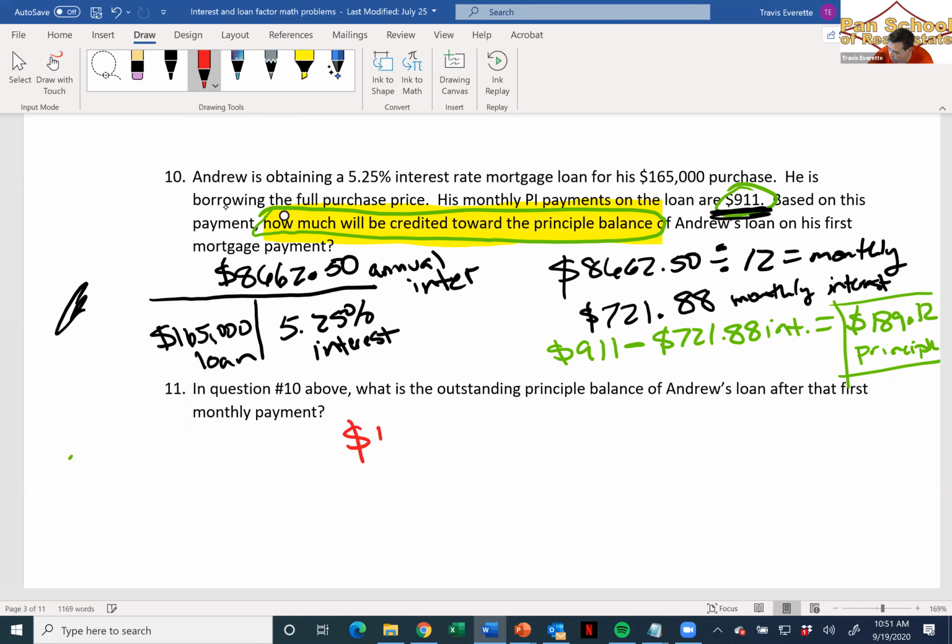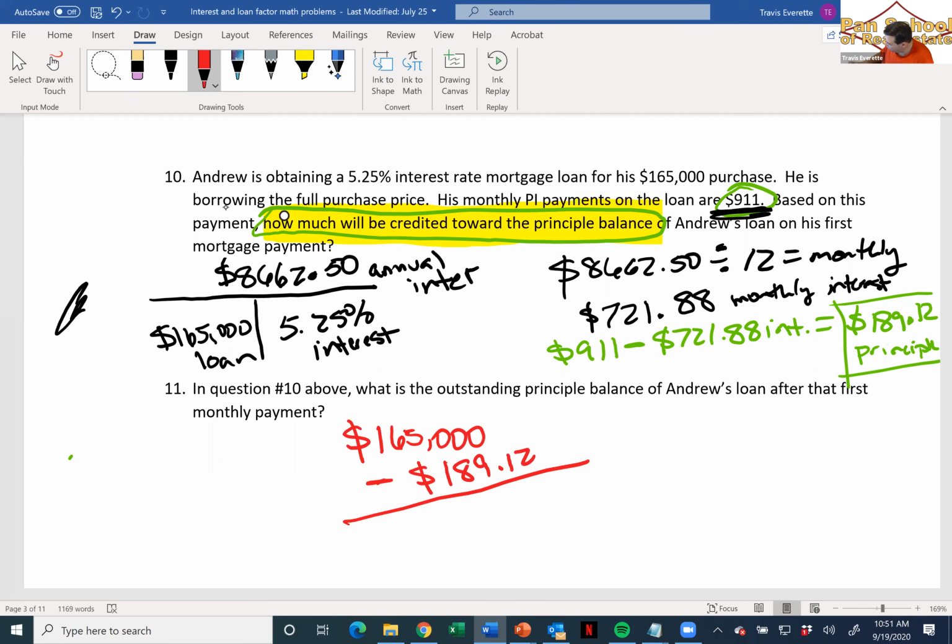We owed $165,000. How much of a payment did we make on that $165,000? Not what was our monthly payment, because that included a bunch of interest, but how much of a payment did we actually make on the loan? $189.12.